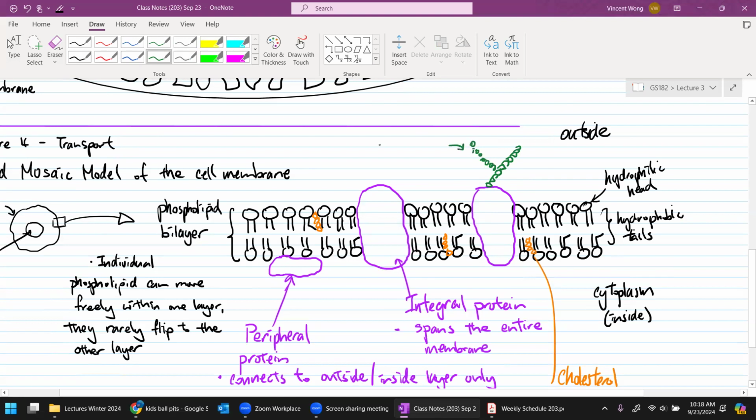So that's carbohydrates. And some of the lipids might have carbohydrates on them as well. So remember, when we say the Golgi body will modify the proteins, one such modification is to put carbohydrates on the protein, then send them off to the membrane.